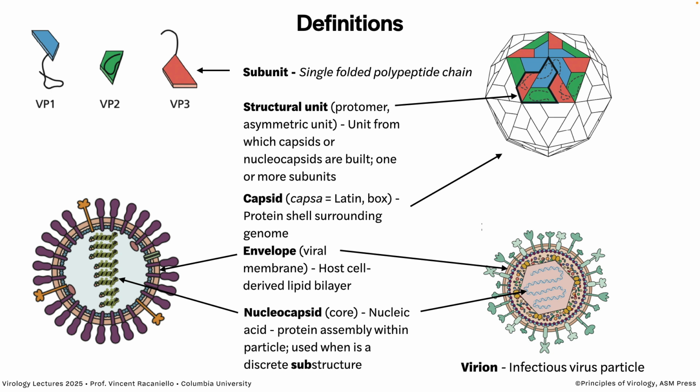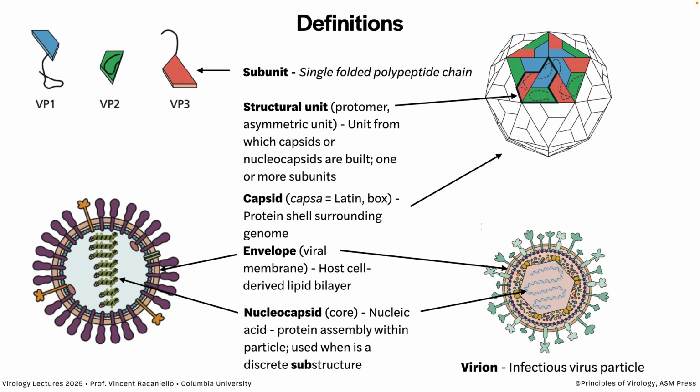And before we go any further, we need to define some terms because they are, like many other things, unique to virology. So we'll start on the upper left, a subunit. When I say subunit, I mean a single folded polypeptide chain. You may call it a polypeptide in another context or a protein, but we call it a subunit of the virus particle.